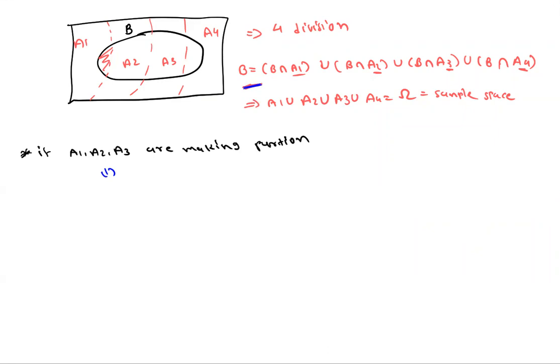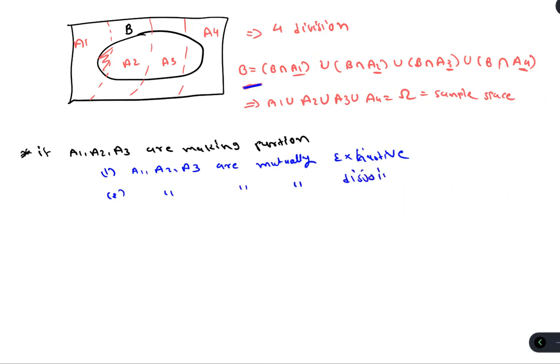If they are making a partition, then A1, A2, A3 are mutually exhaustive, as we know that they should cover all the sample space. And the second thing is they should be mutually disjoint. It means there is no common part between A1, A2, A3, A4, any of the Ai's we get from the partition.